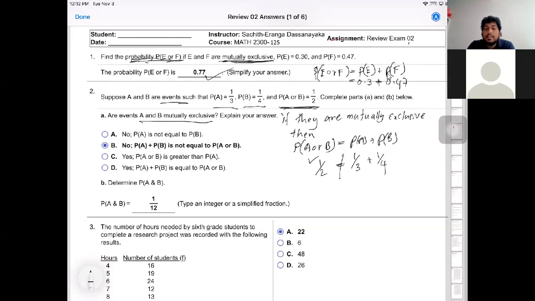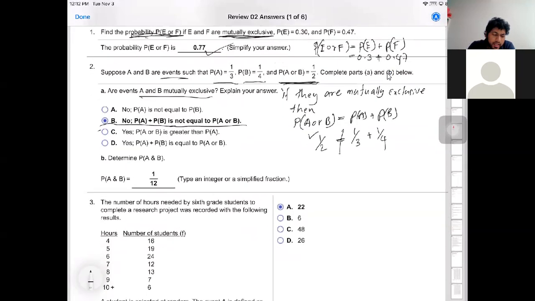You will see that the left hand side and right hand side are not equal, which means probability of A plus probability of B is not equal to probability of A or B. So they need to calculate the value of probability of A and B. This value is going to be 1/3 plus 1/4 minus 1/2, which is 1/12.